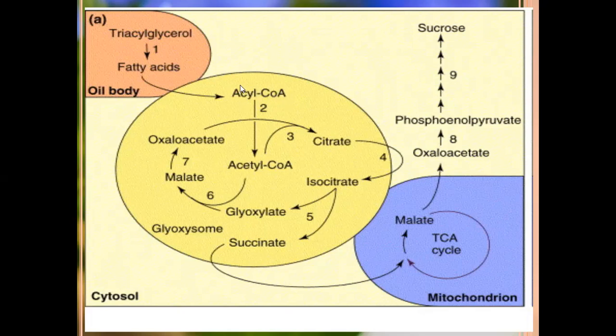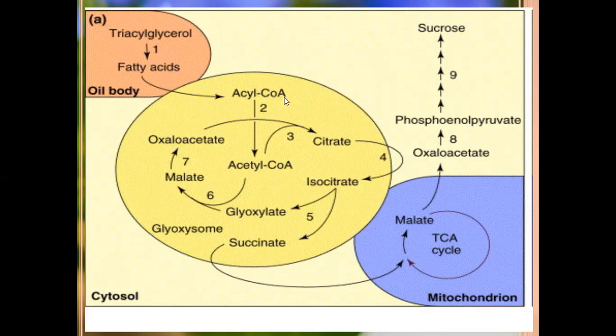From these long chains, only two carbons are released as acetyl coenzyme A, and the remaining carbons are present as acyl coenzyme A, still having long chains of carbons.